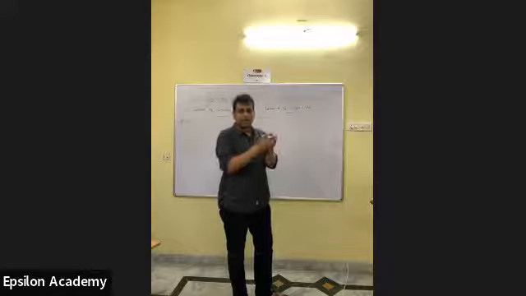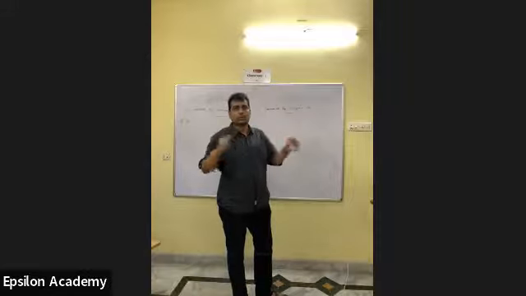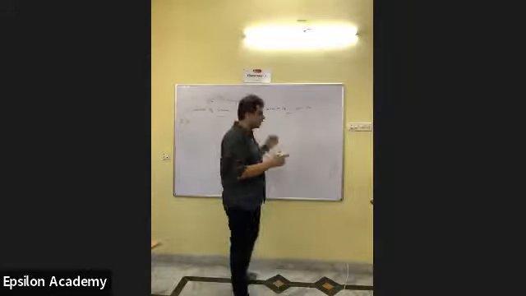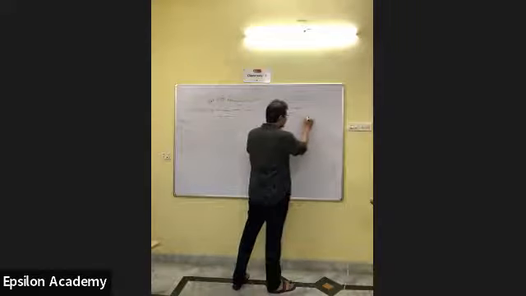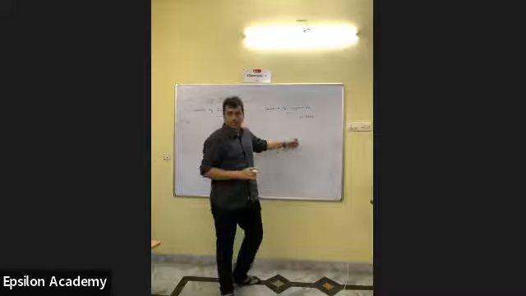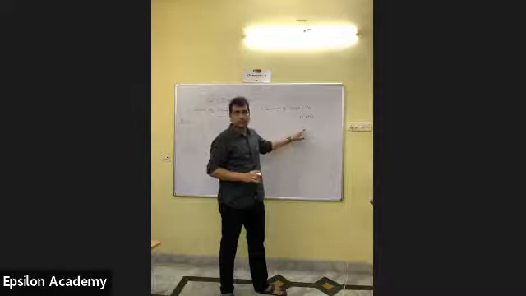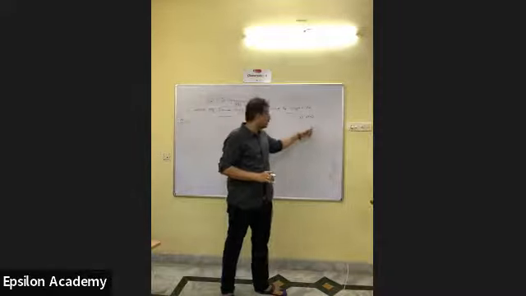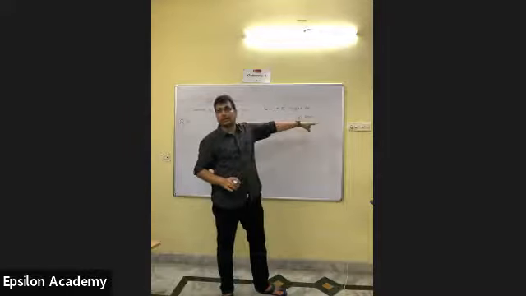Because you are explicitly able to write them as two different sides of the equal sign. Right? So if you are able to write any function as y is equal to f of x, in the sense, left hand side is the dependent variable, right hand side is an expression of the independent variable.